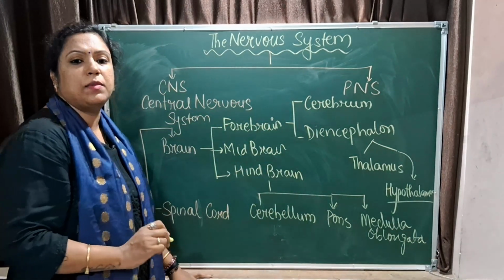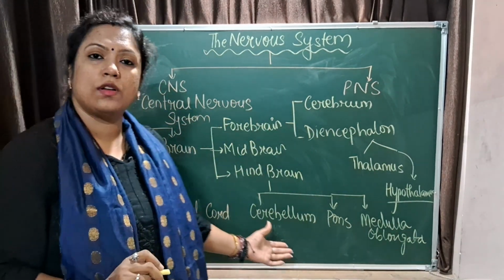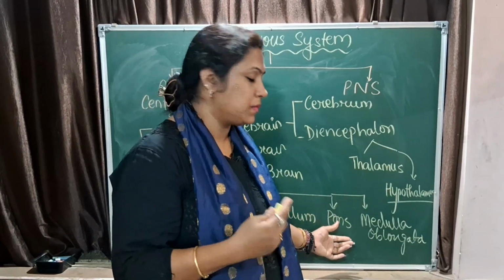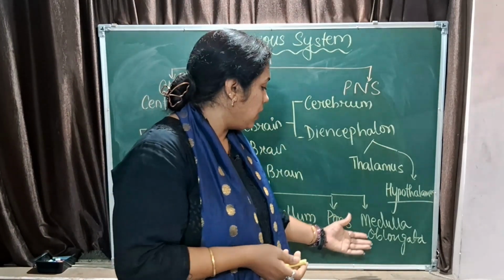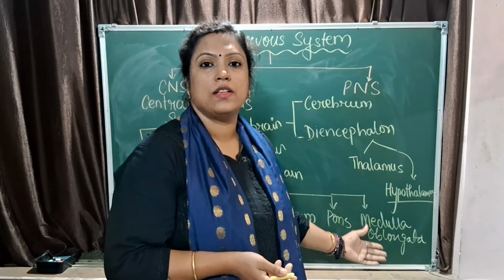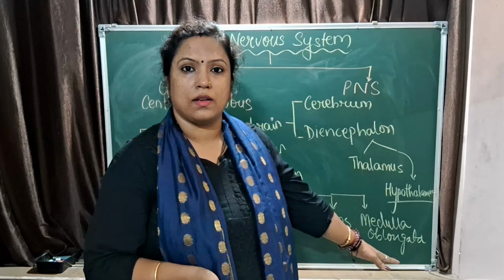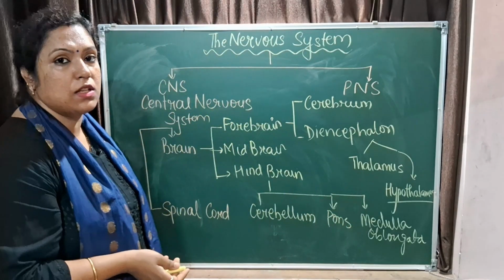So, your cerebellum is all the control and coordination. Pons is basically a regulator, and involuntary actions are controlled by the medulla oblongata, right. So, this much is understood.